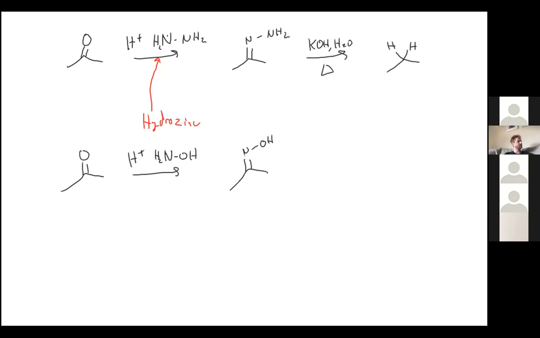Something to mention is that all these reactions are reversible. If we add an H plus in water, it takes a little bit of special equipment, but we can essentially drive these all back to our ketone.